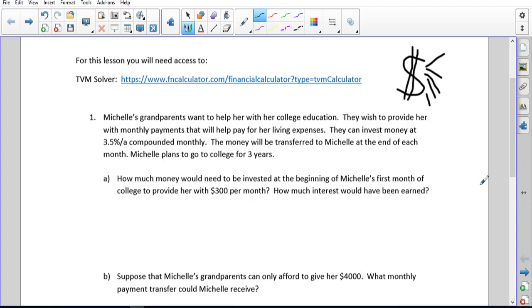That's the amount of money that Michelle gets, but it doesn't take that much money to give it to her because the money gets to collect interest. Some of the money's collecting interest for more than 2.5 years before she finally needs it. We could use the present value formula to solve for this one and write that whole formula out because we have our R value and everything we need. Or I want to show you that we can use the TVM solver. So let's do the TVM solver solution here.